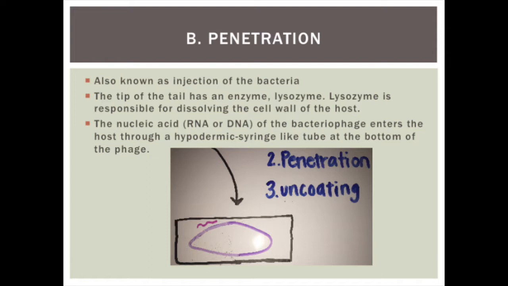So it helps break open the host so that the viral DNA can enter. And there's also a hypodermic syringe-like tube at the end of the bacteriophage, and it allows for the sharp penetration of the host cell. And this can allow all of the viral DNA to enter.